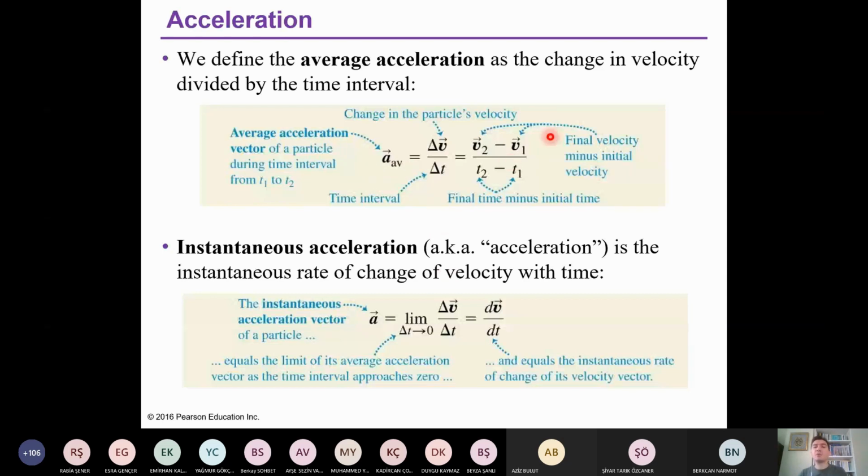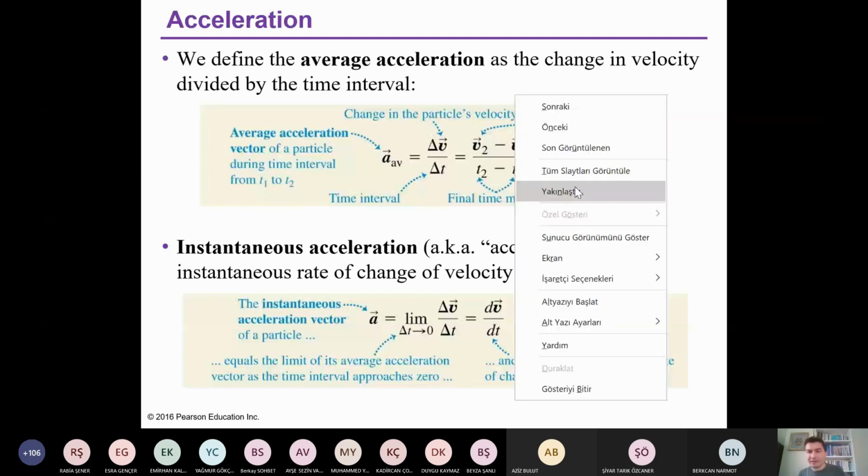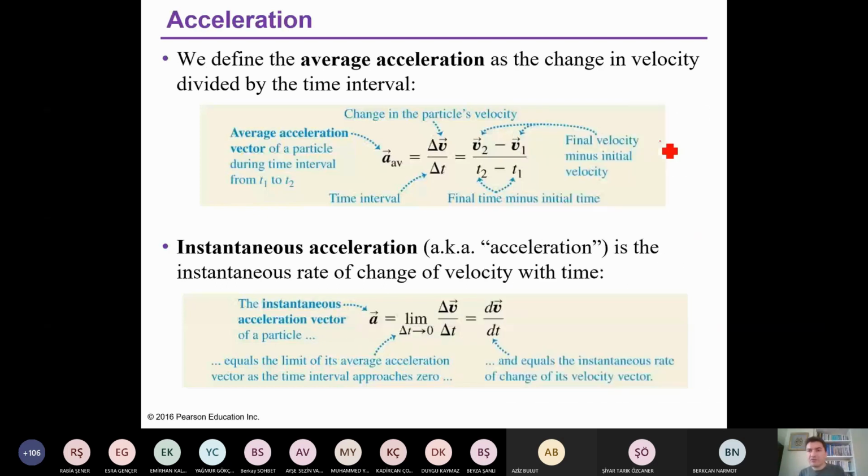But now I'm asking a question. So this is the most important question of this lecture. Let me draw two vectors. This is v1, let's say, and this is v2. Let's consider that the magnitude of v1 is equal to the magnitude of v2, right? So they have the same magnitude.